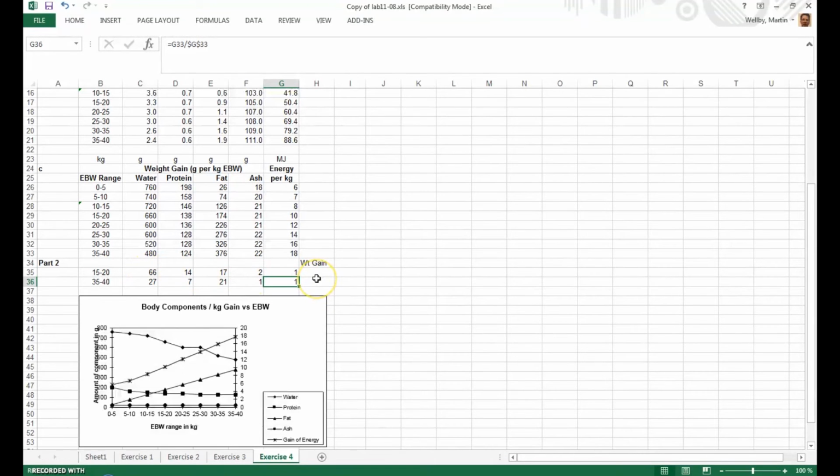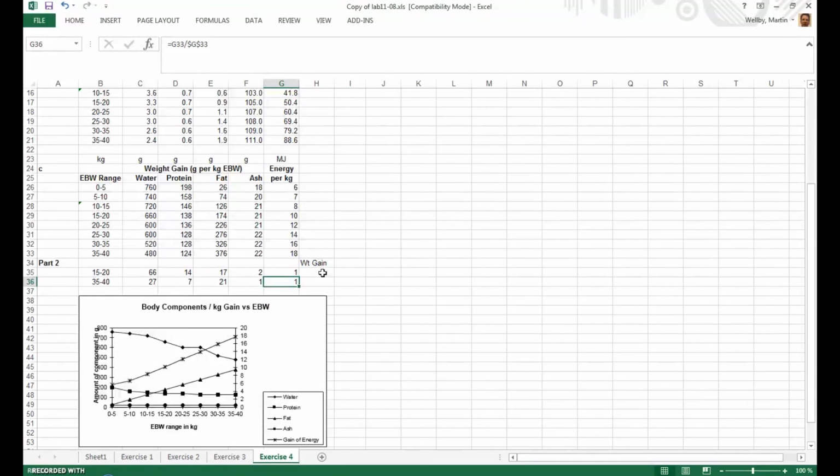If I give the same amount of energy to a larger animal, I halve the amount of protein, and this is going to be mostly muscle here. So you're halving the amount of muscle that you are getting for that 1 megajoule of energy, and you are increasing the amount of fat.